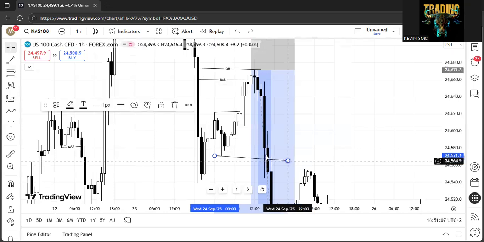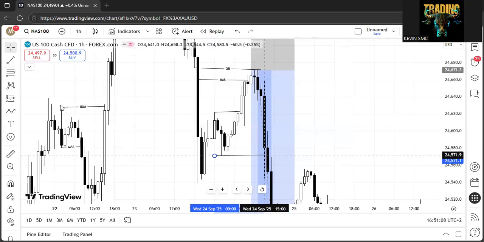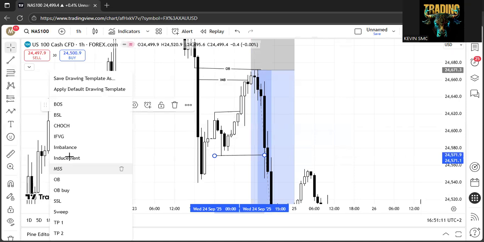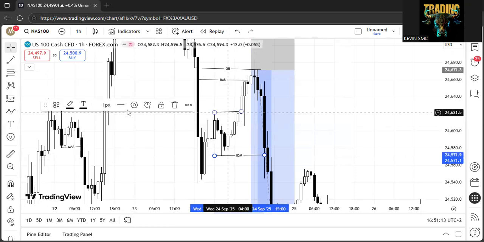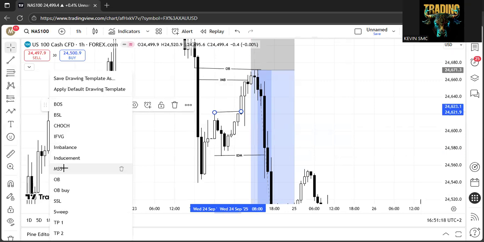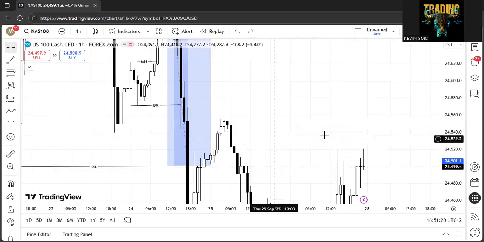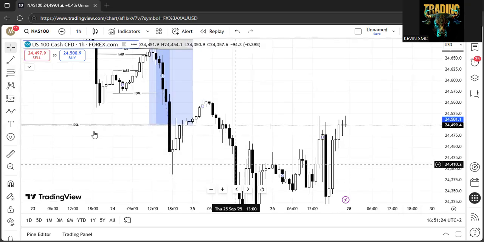An inducement was created right here, and it wasn't reacted to at that time. So we're just going to go ahead and say this is our change of character and that is our inducement, and break of structure to the downside.